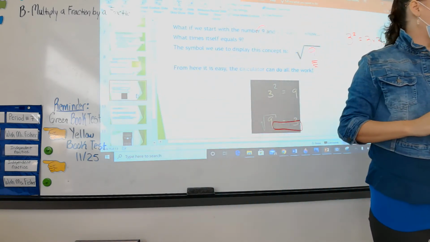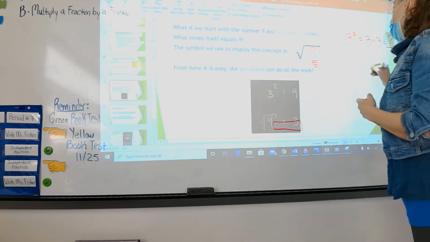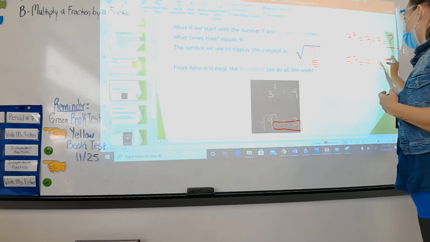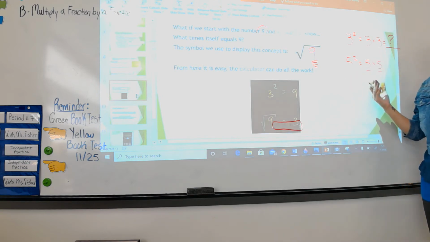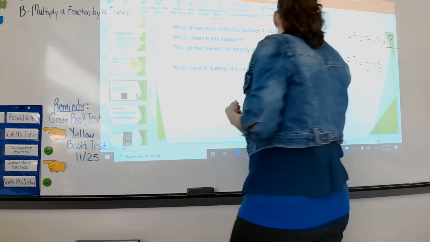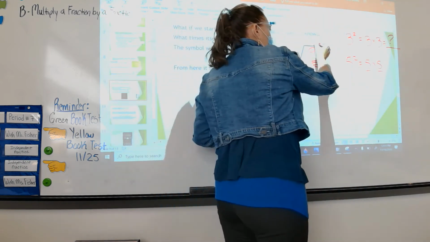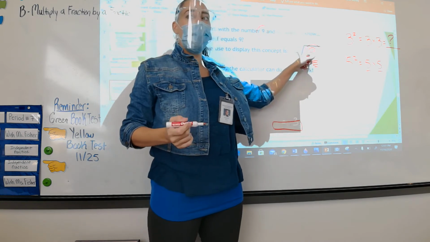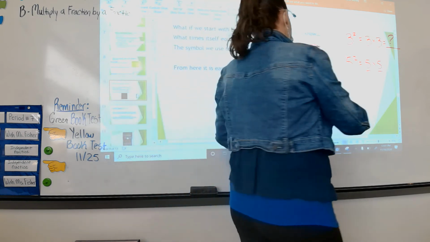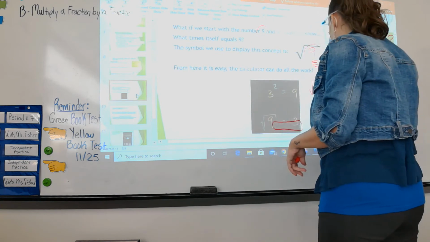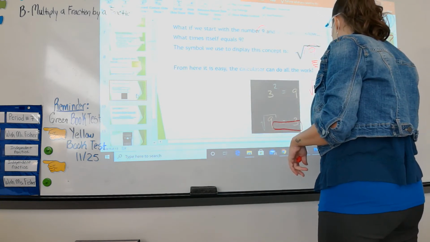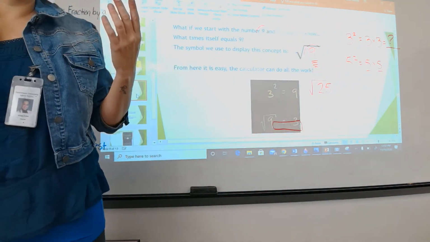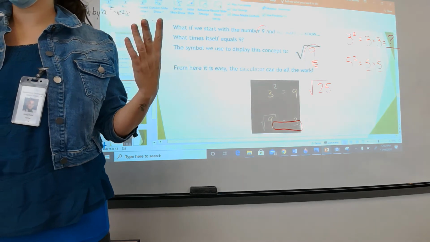You understand that? A square number is always the number times itself. So if I had 5 squared, that means it's 5 times 5. Whenever you see a square root, you look at the number inside and think to yourself, what number times itself equals that number? So if I had the square root of 25, I would think, what number times itself equals 25?